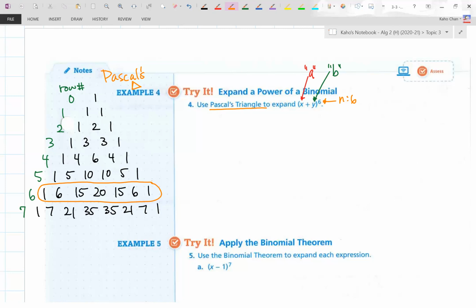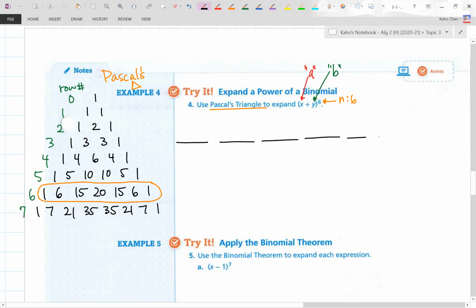This is a cool way to expand the binomial brought to an n power. Write down 7 blanks: 1, 2, 3, 4, 5, 6, 7. Put in those leading coefficients that you see in Pascal's triangle.